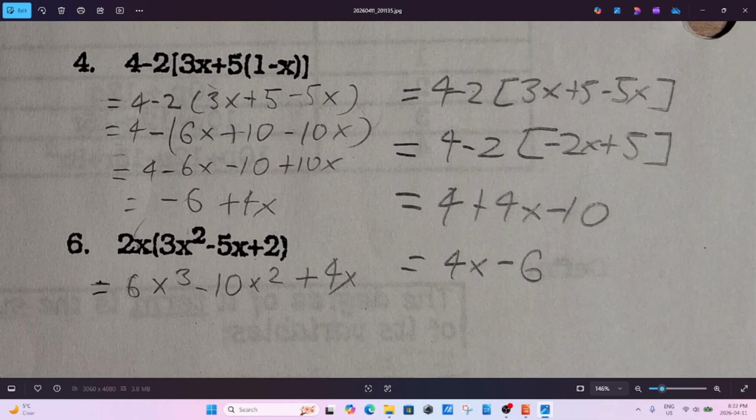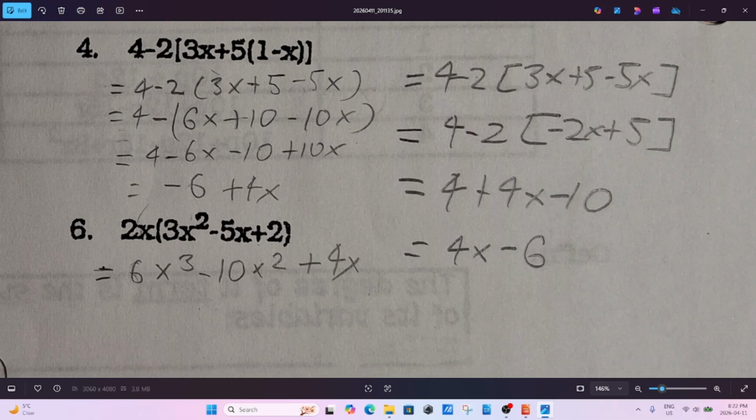Question 4. 4 minus 2 bracket 3x plus 5 times 1 minus x bracket. So that is equal to 4 minus 2, 3x plus 5 minus 5x. So you do 5 times 1, 5 minus x.